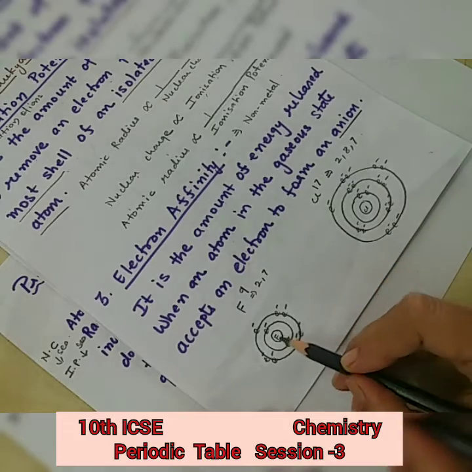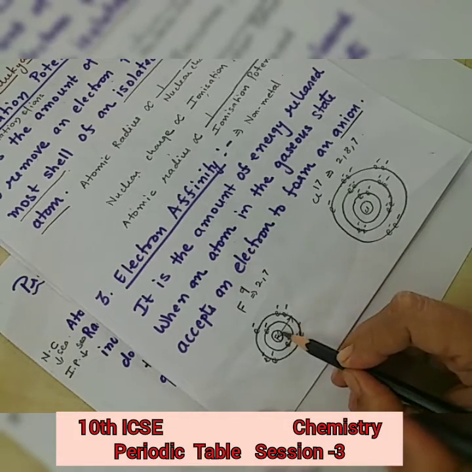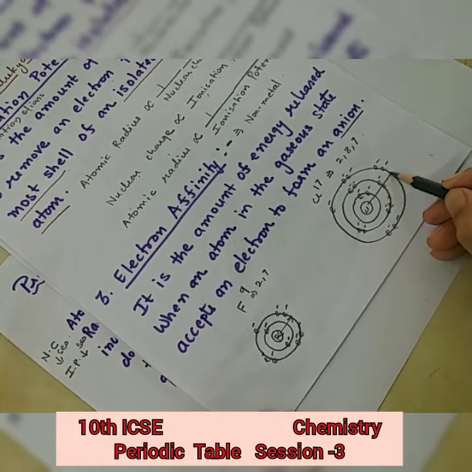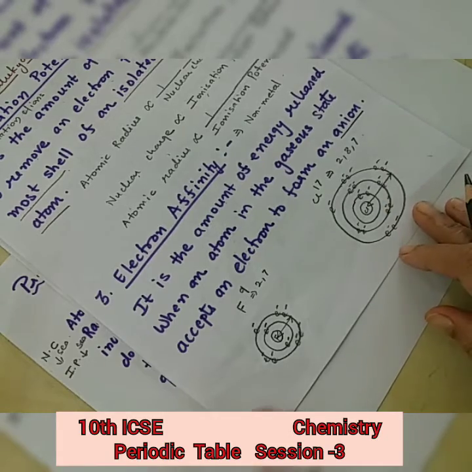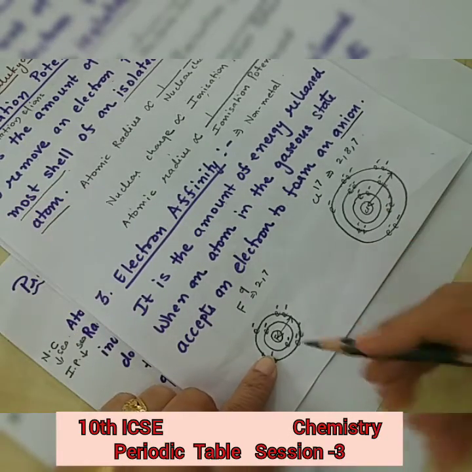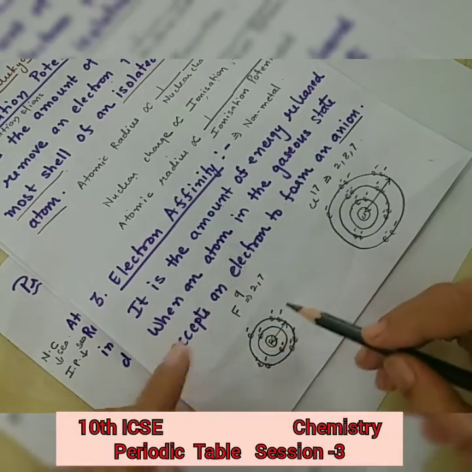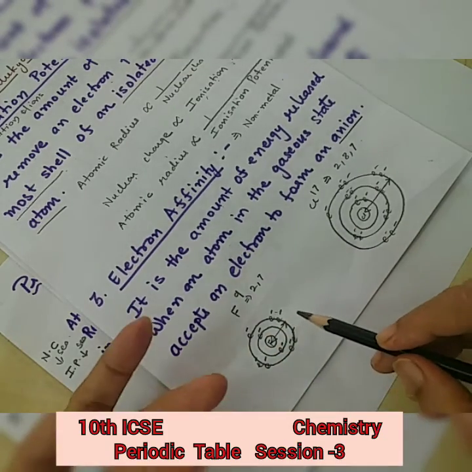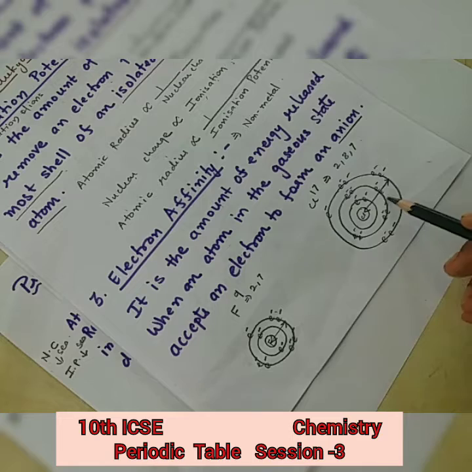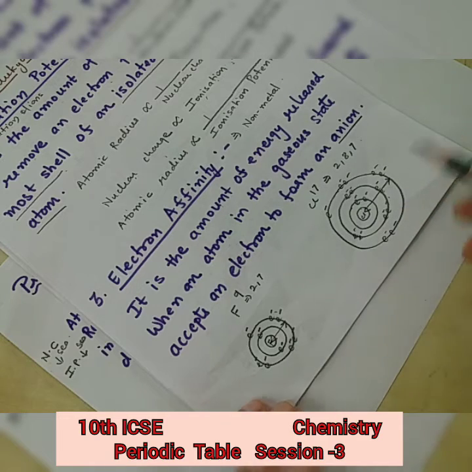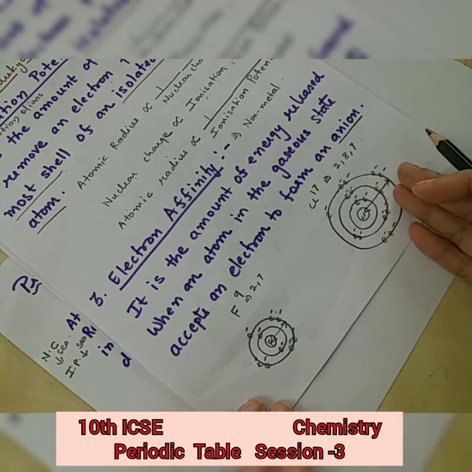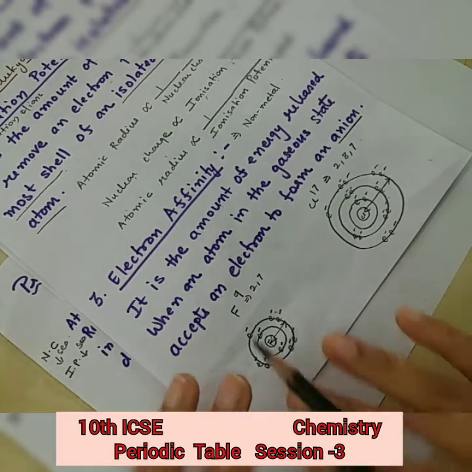Now here you can see that the atomic radius of fluorine is less than the atomic radius of chlorine. So if the atomic radius is less, definitely the nuclear charge on the outermost electron is greater, and here the nuclear charge is smaller, due to which the atomic size of chlorine is greater than the atomic size of fluorine.